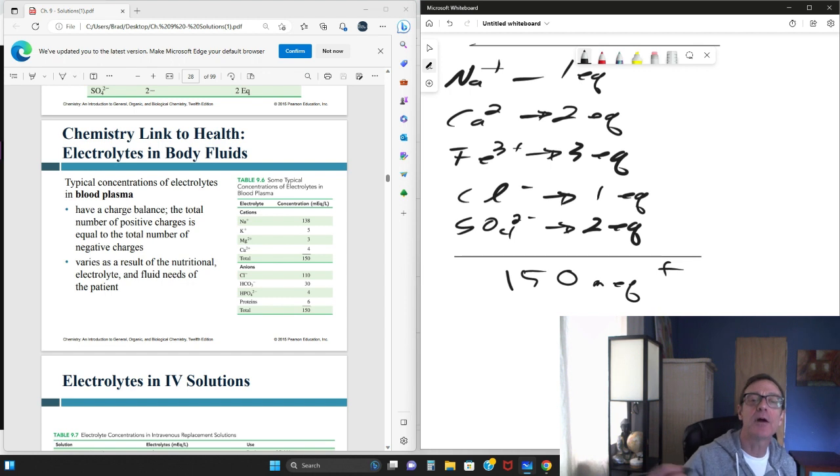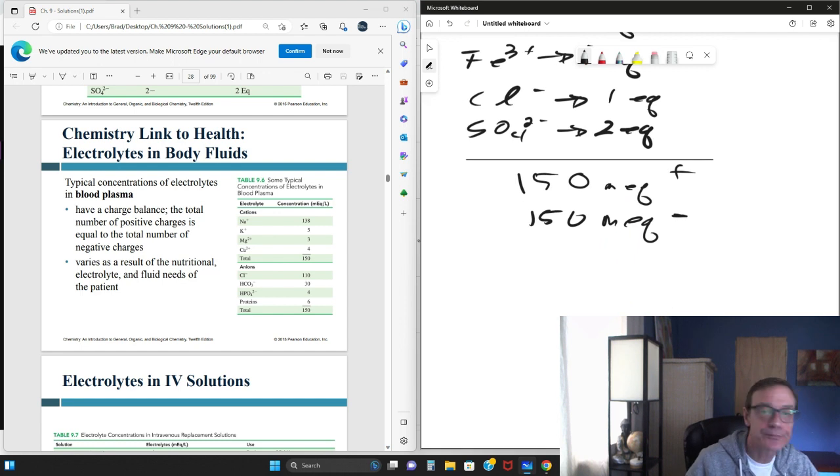That is balanced out by all the negatives, the chlorides, phosphates, proteins, all that stuff. So you have 150 positive milliequivalents and 150 negative milliequivalents in blood plasma at healthy levels. Balance out positives and negatives. Again, in chemistry, we're always talking about balance.